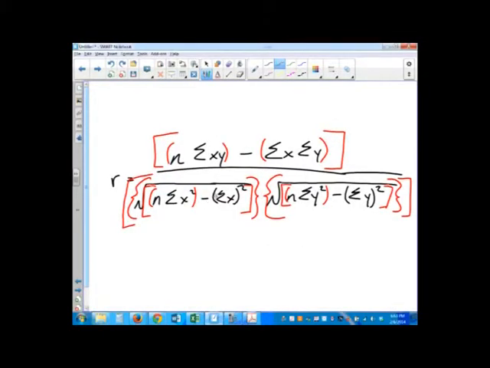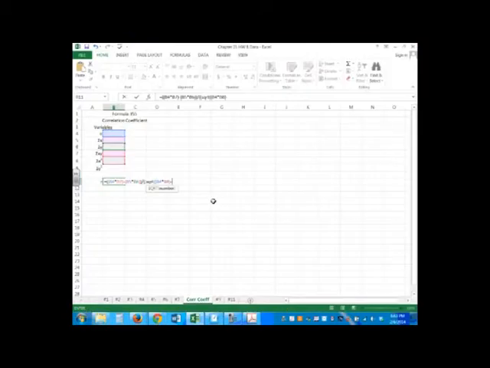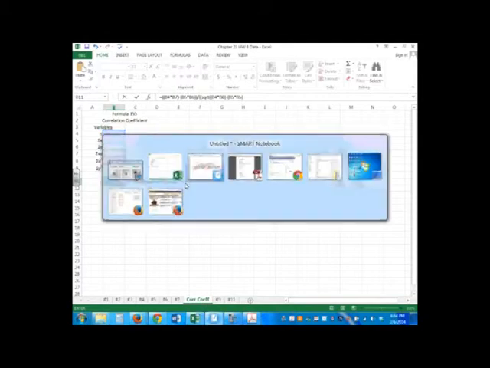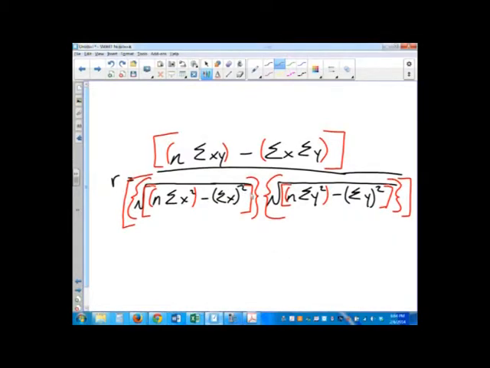and then I had a minus, and then this guy's had a little parenthesis here. Now, it's summation x squared, so summation x times summation x. Okay, that's squared, correct?